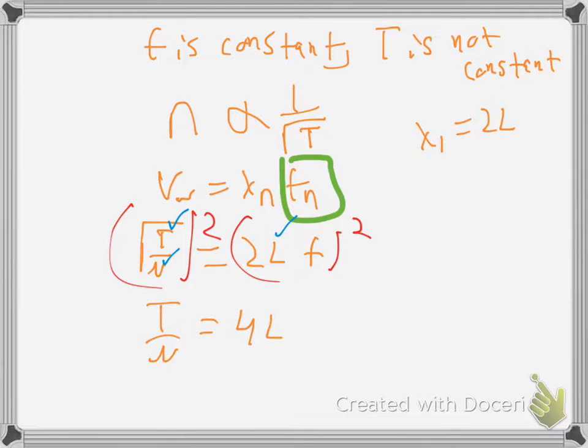And we'll just go ahead and split this up since we're going to have to anyway. Okay, so we're looking for the frequency. So now let's go ahead and divide by 4L squared on both sides.